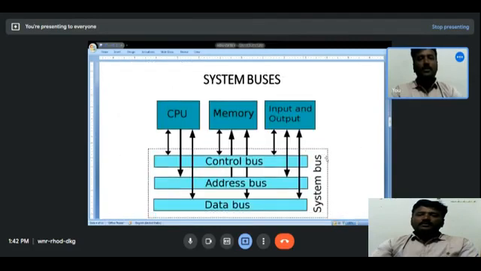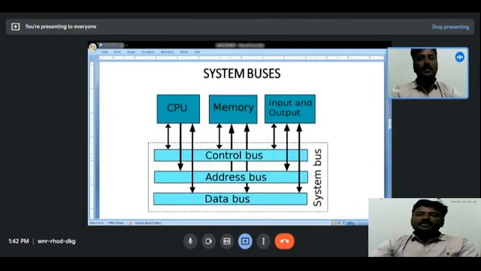so this is the basic architecture of system bus. In this architecture, you can see three different types of buses, such as control bus, address bus, and data bus. These three buses communicate with the CPU, memory, and input and output devices, for example peripheral devices.